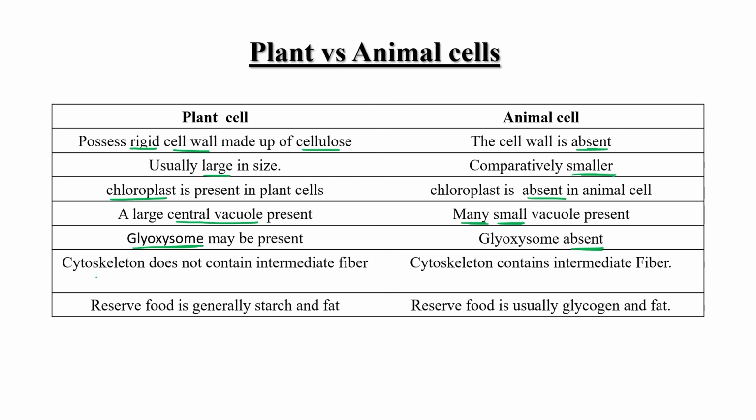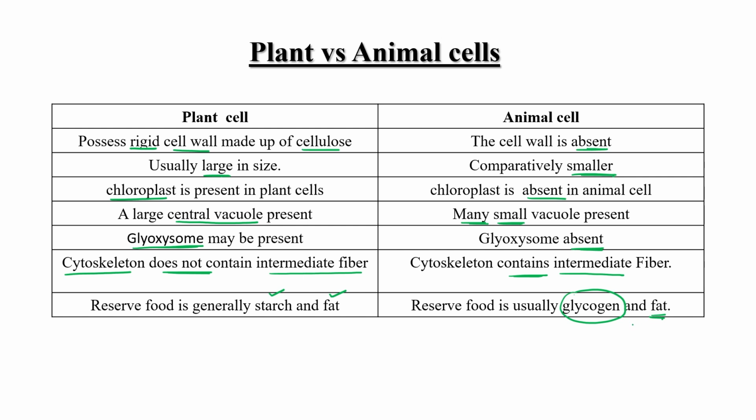The cytoskeleton in plant cells does not contain intermediate fibers, while in animal cells the cytoskeleton contains intermediate fibers. Plant cells store reserve food in the form of starch and fat, while in animal cells food is stored mainly in the form of glycogen and fat.